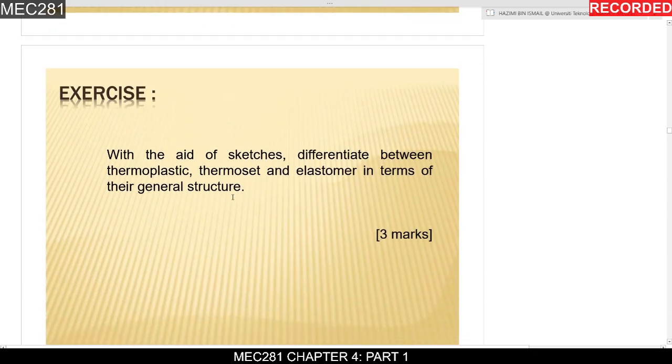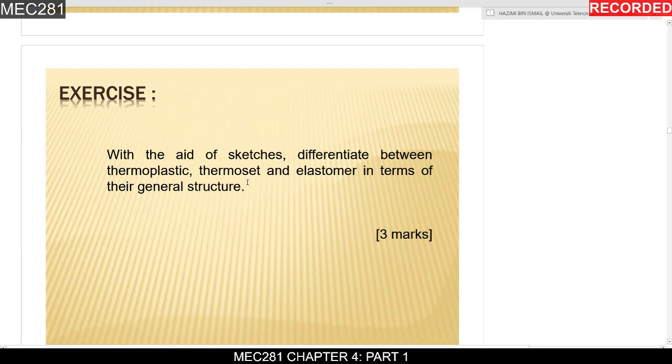Okay, so this is your exercise: with the aid of sketches, differentiate between thermoplastic, thermoset, and elastomers in terms of their general structure. Okay, so please do the exercises that you find in the notes, because mostly the exercises are extracted from the past year final exams or past quizzes in previous semesters.